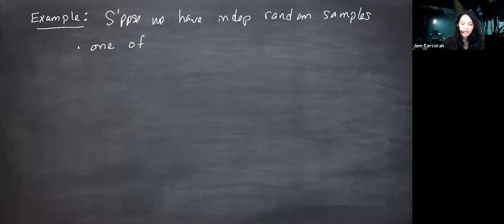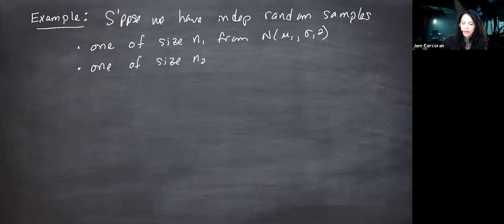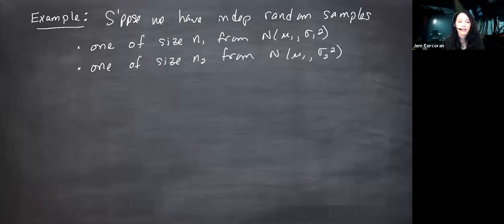So one of size n1 from a normal mu1, sigma 1 squared, and then the other from a different normal with a different sample size, one of size n2. So far, this is kind of looking like problem 2, but this is the easier version.